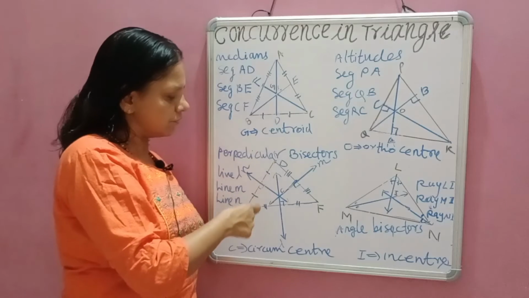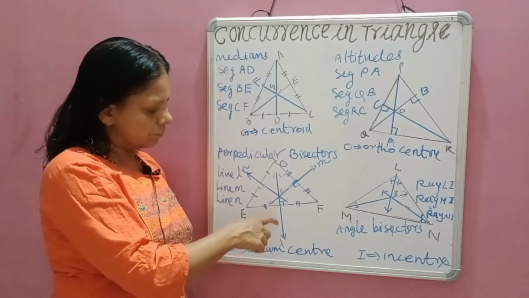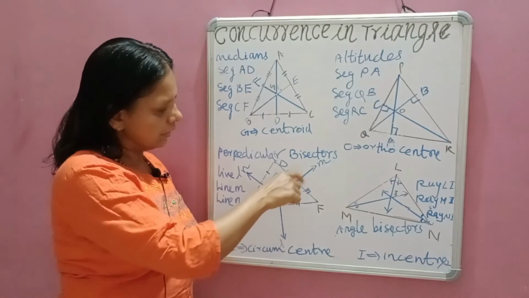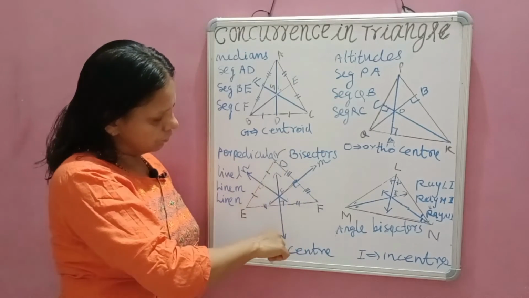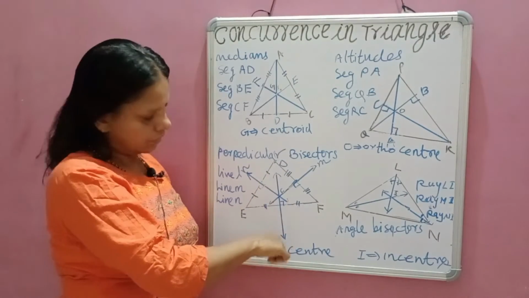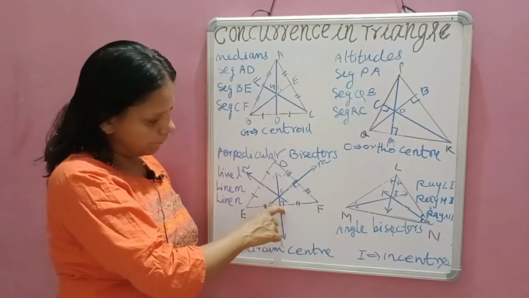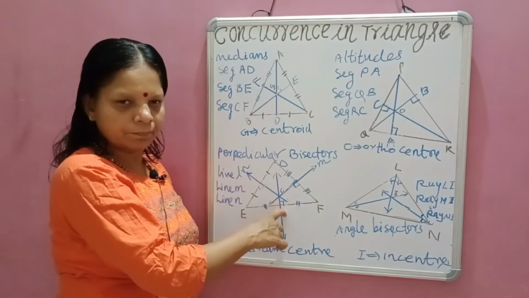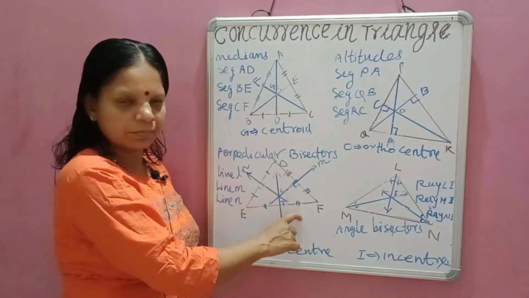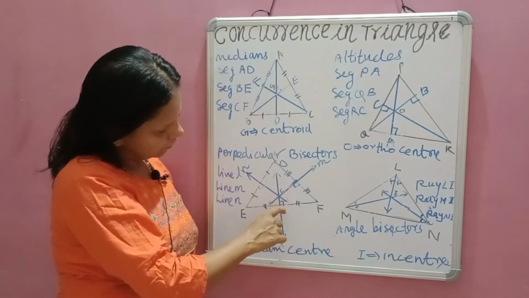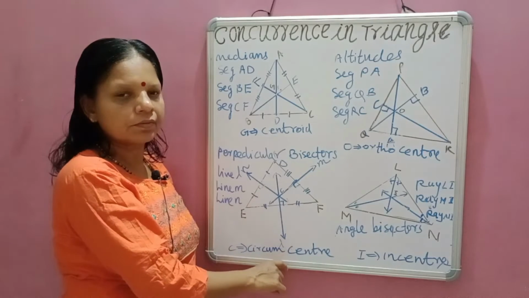Now come to the next figure. Here also you can see lines passing through the sides. Here also see the perpendicular. The line is perpendicular to the side. Also these identical marks represent that it passes through the midpoint.